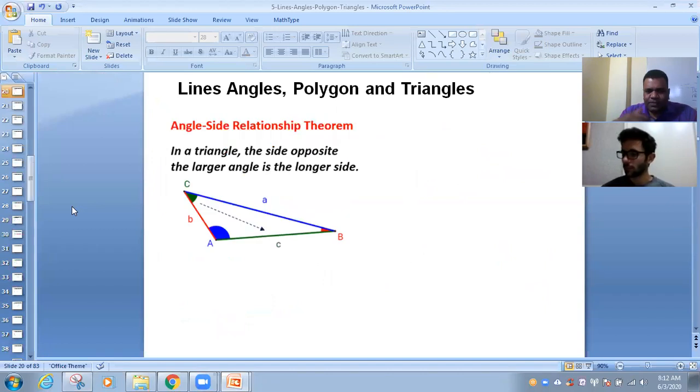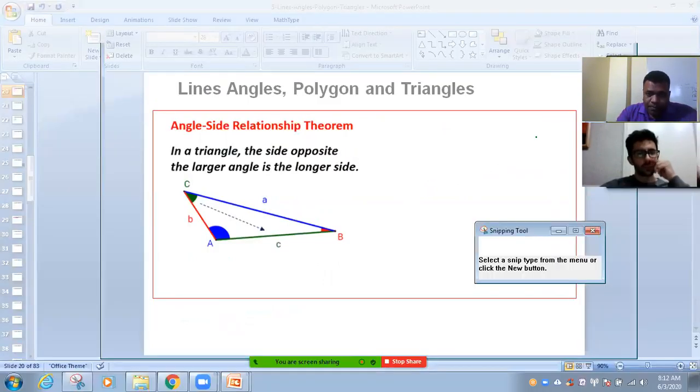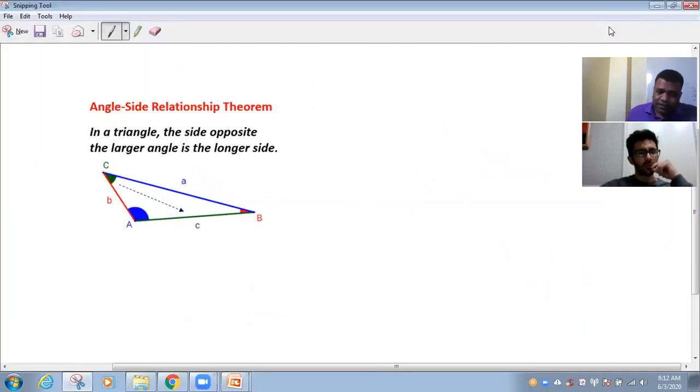Now next, this also comes under triangle inequality. By looking at the figure, it is very clear. If the angle is small, the opposite side is smaller. If the angle is the smallest, the opposite side is the smallest. If the angle is the biggest, the opposite side is also the biggest.